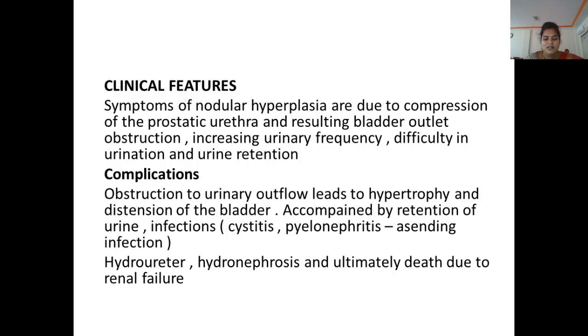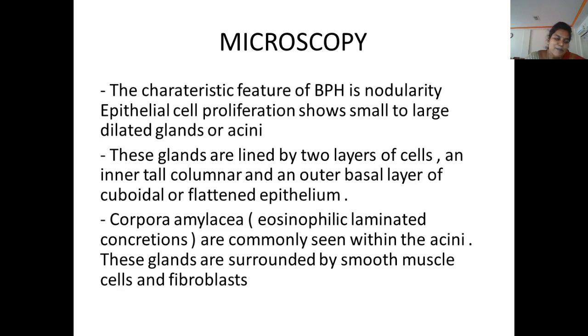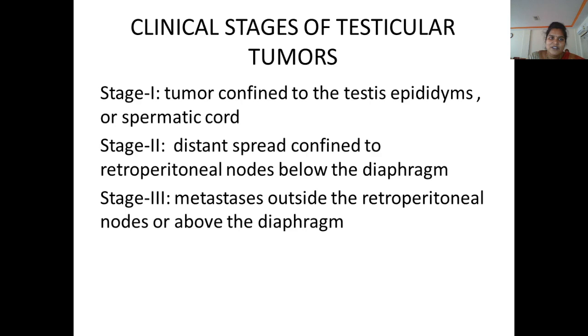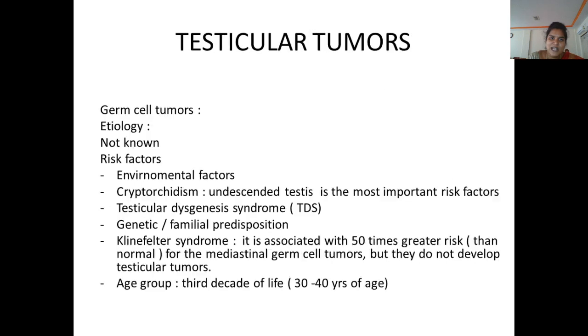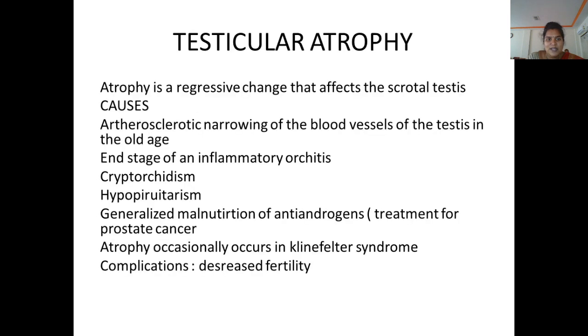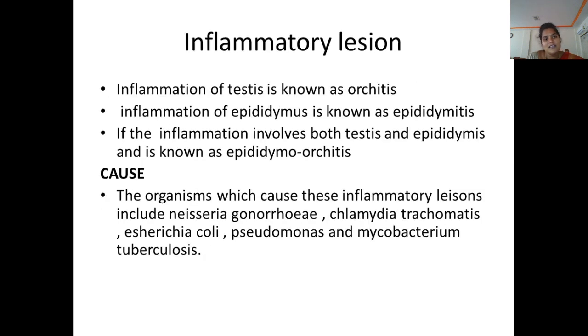So in today's class we had seen the male genital system. In the male genital system I started with cryptorchidism, which is undescended testis, and then we saw testicular atrophy. Then some of the inflammatory lesions, which can be seen because of organisms like gonorrhea, chlamydia, Escherichia coli, Pseudomonas and Mycobacterium tuberculosis.